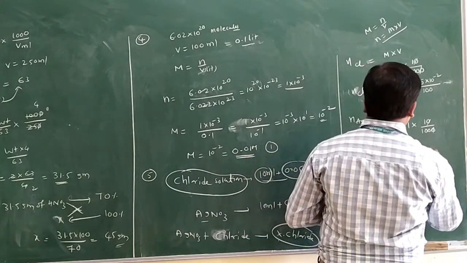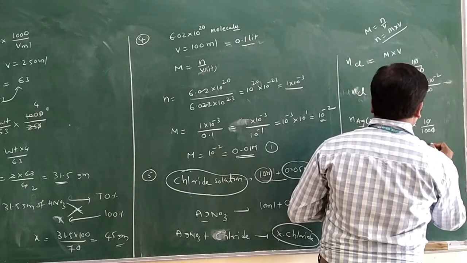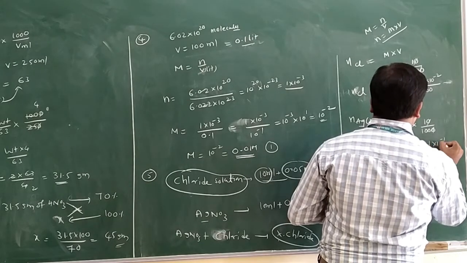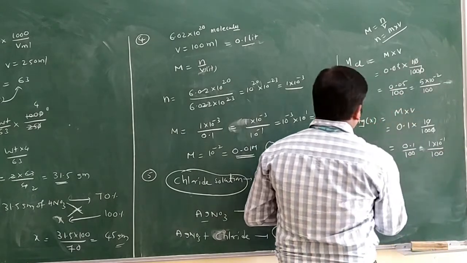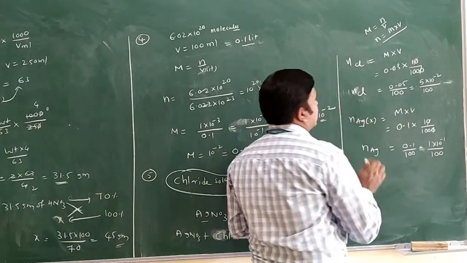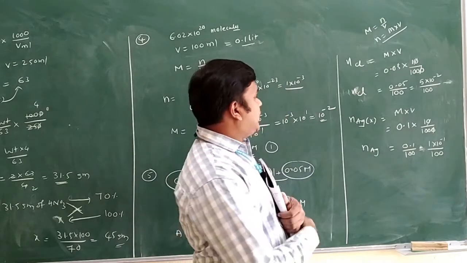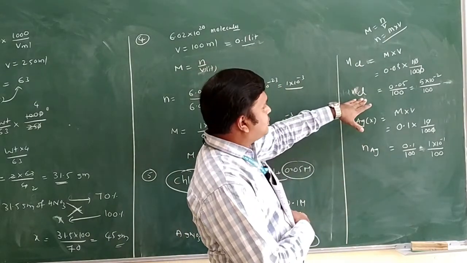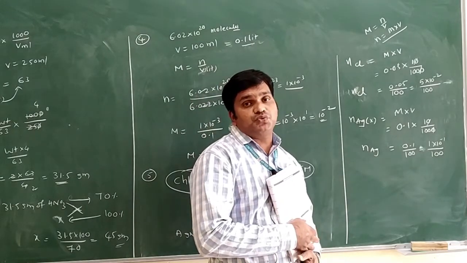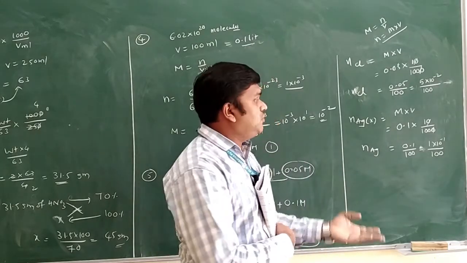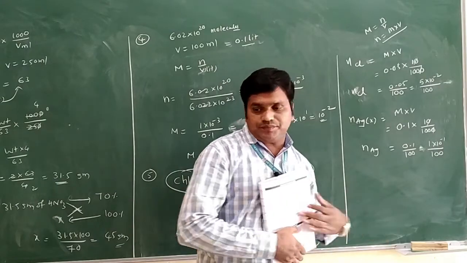Then we write 1 into 10 power minus 1 by 100. So this is the number of moles of chloride, and the number of moles of silver you got. If you find the mole ratio of chloride to silver, you will get the formula of the compound only.